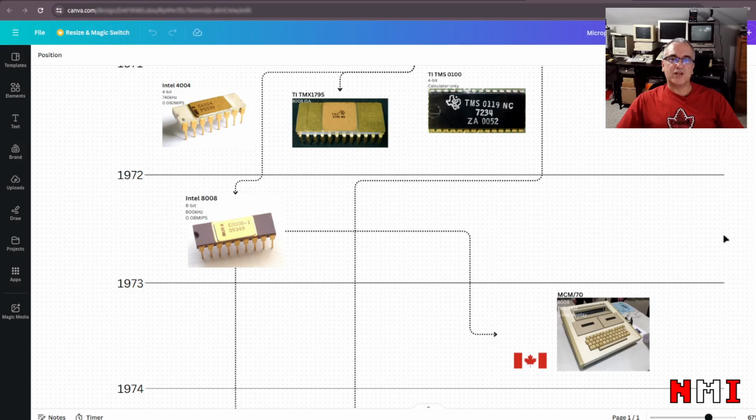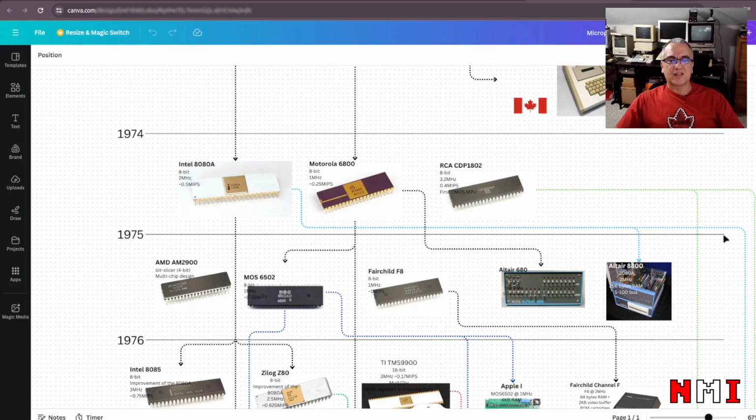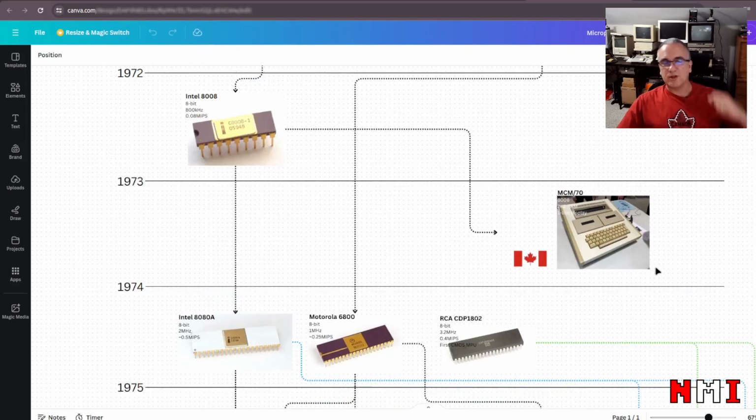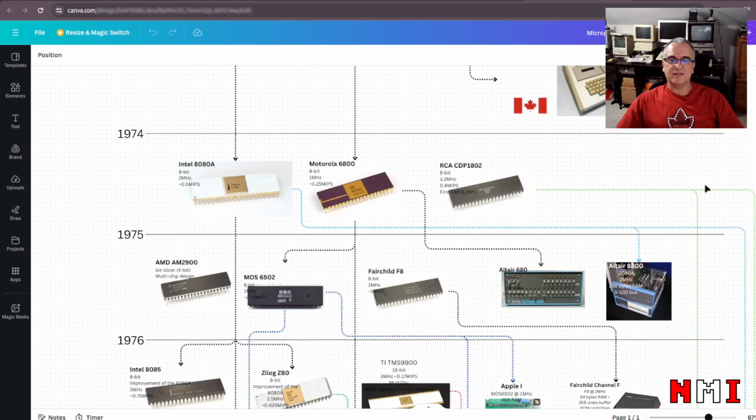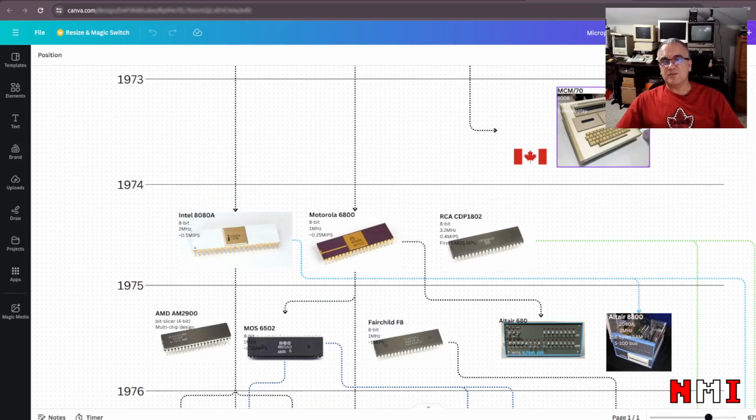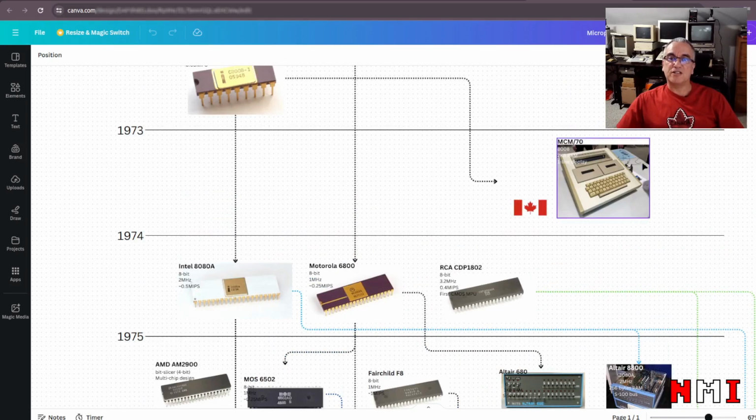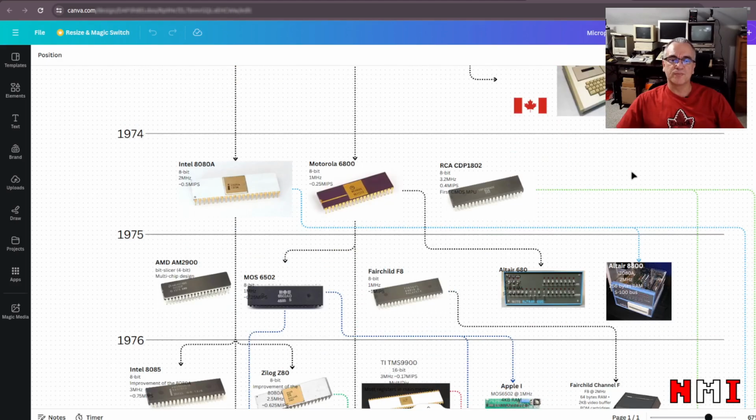And just to give you an idea, we're talking here about personal computers, right? Because there were other computers. But a personal computer, a small machine like this, the MCM is probably the first one, especially the first one with a single chip CPU.